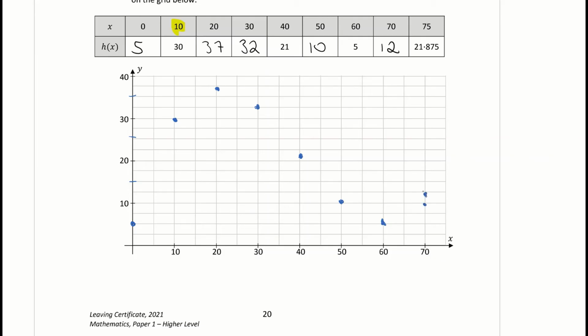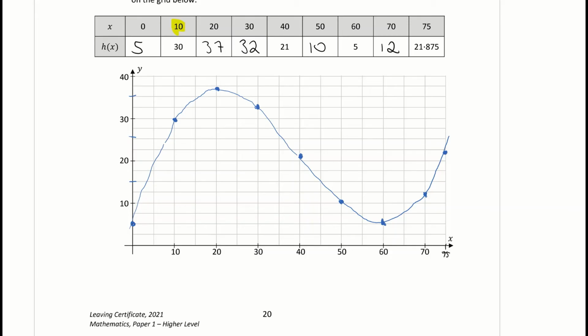And my final one is 75, 21.8. So 75, which is here, and I'm going up to 21.8, which is roughly around here. Okay, so there are my coordinates, and now sketch a freehand curve of the graph, which looks something like that.